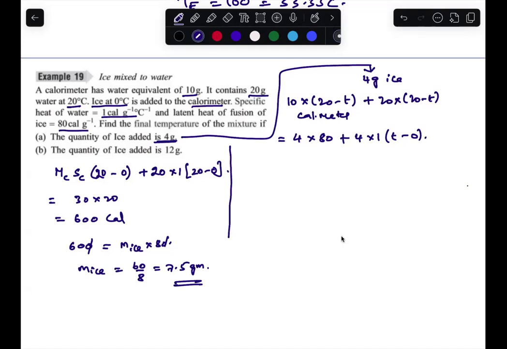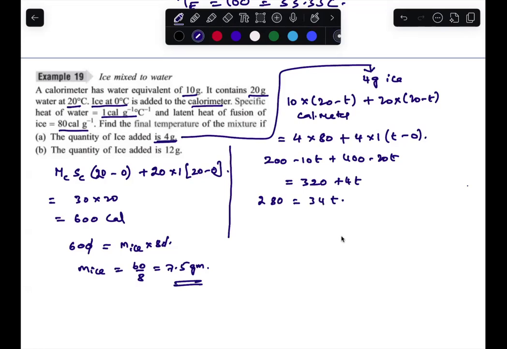So therefore, on proper working, you will have 200 minus 10T, 400 minus 20T, 320 plus 40T. 600 minus 320, that will be 280, and this will be 34T.